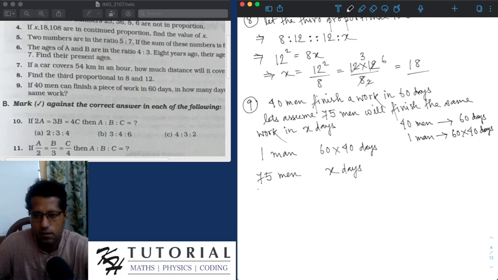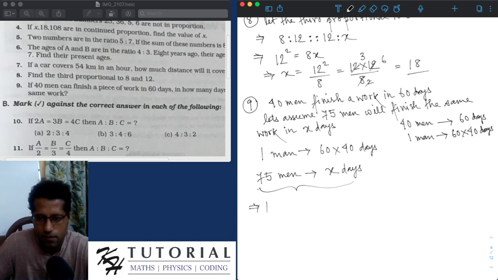So one man will complete the job in 60 into 40 days. That is fine, and we have assumed that 75 men will complete the job in X days. Now from this fact, this implies that one man will complete the job in 75 into X days.